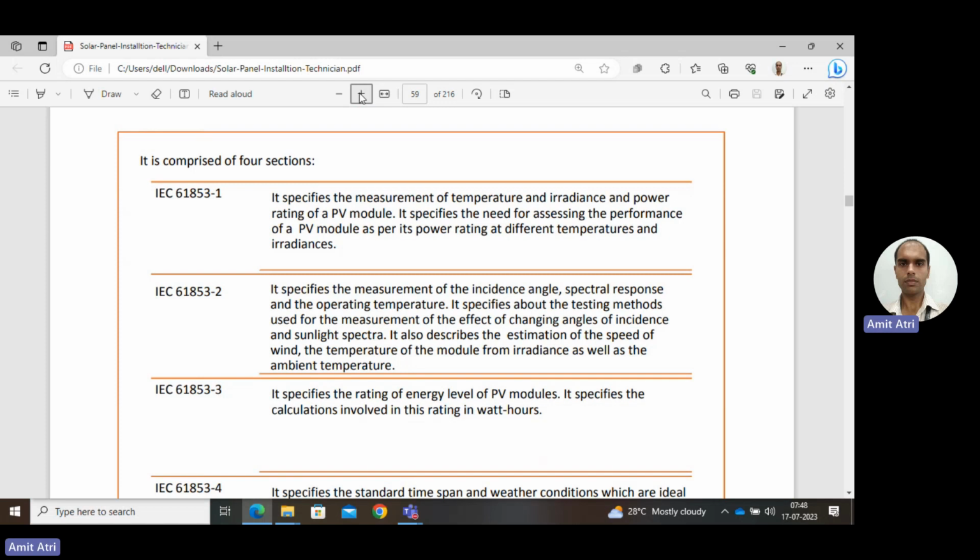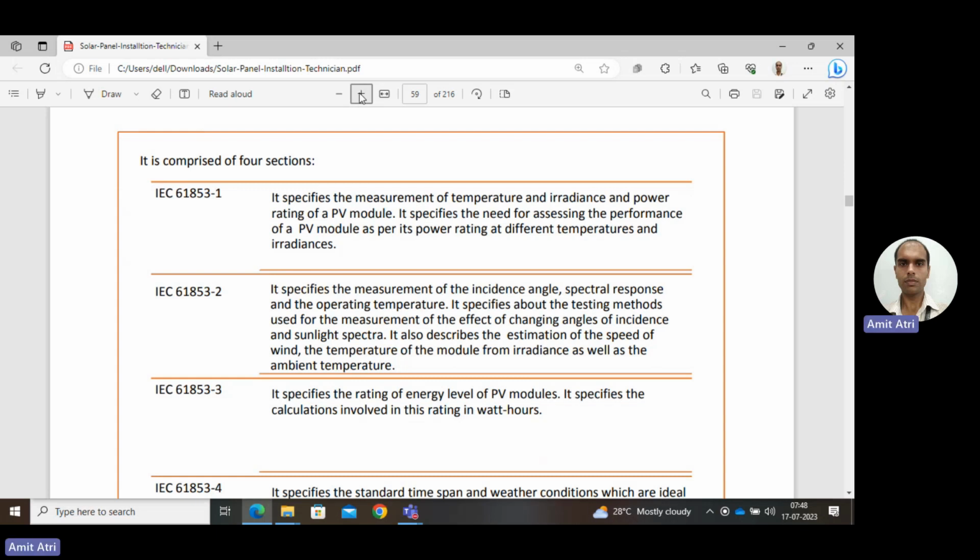The first section specifies the measurement of temperature and irradiance and the power rating of a PV module. It specifies the needs for assessing the performance of a PV module as per its power rating at different temperature and irradiance, something similar to the curves which we have just studied. The second section specifies the measurement of incidence angle, spectral response, and the operating temperature.